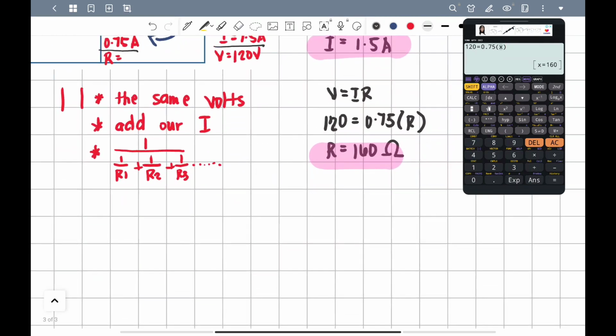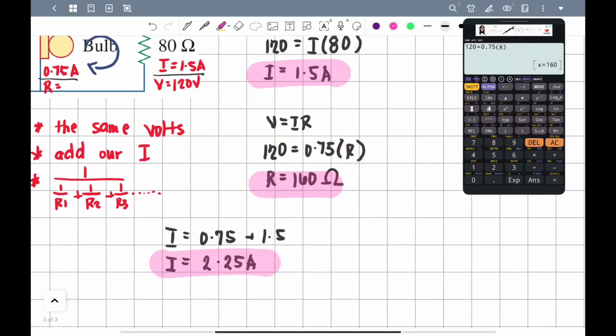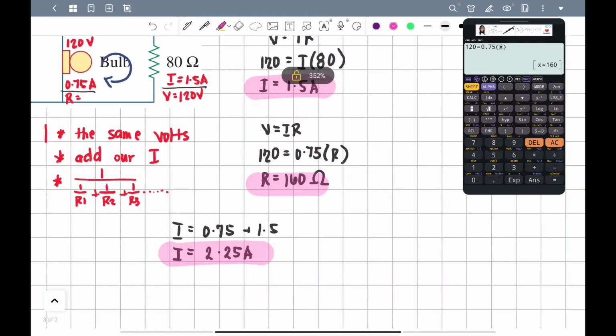So we have a total current of 0.75 plus 1.5. So our current is 2.25 ampere.